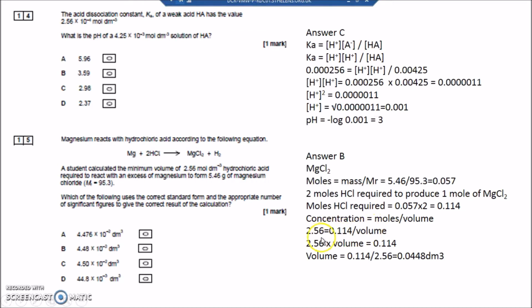So I'll rearrange that: volume is 0.114 divided by 2.56, 0.0448 decimeter cubed, or 4.48 times 10 to the minus 2. They're all in decimeter cubed, so that's easy. The answer is B.